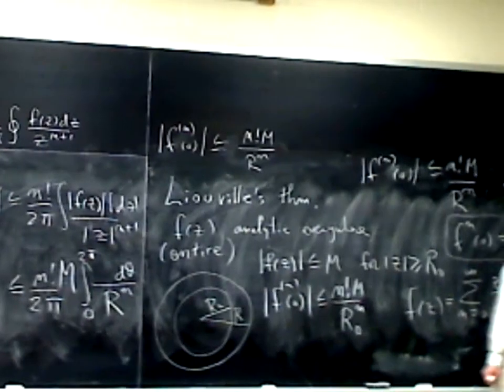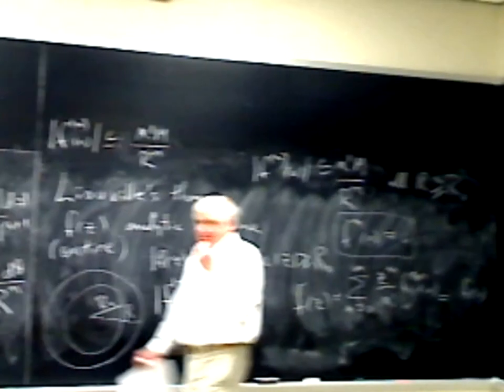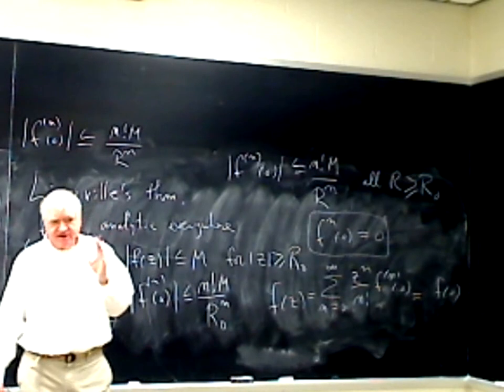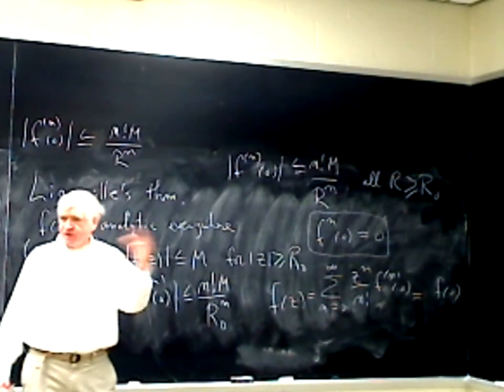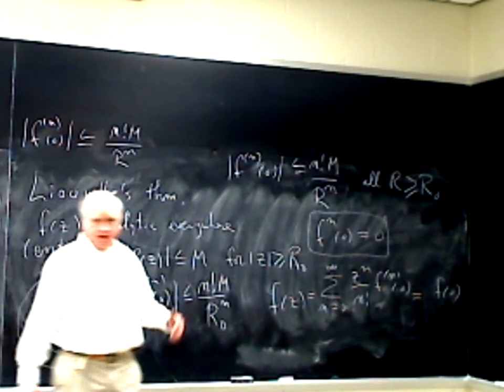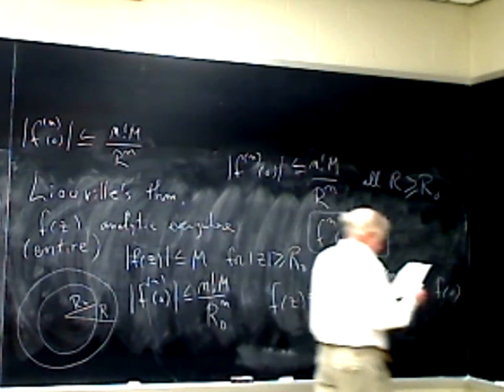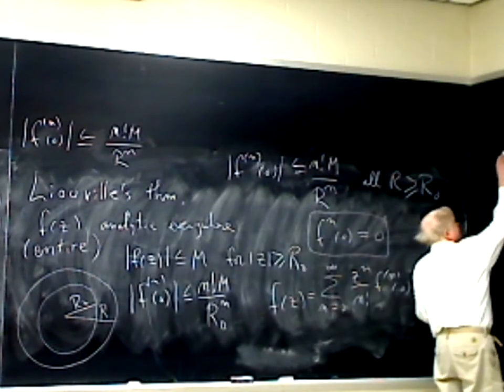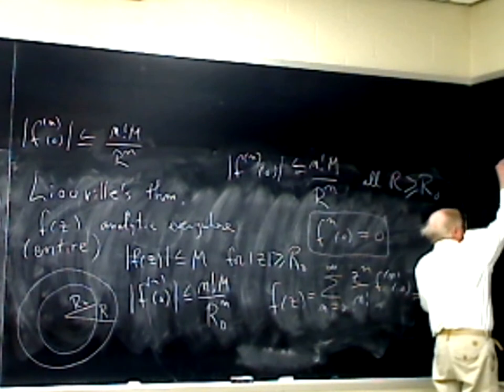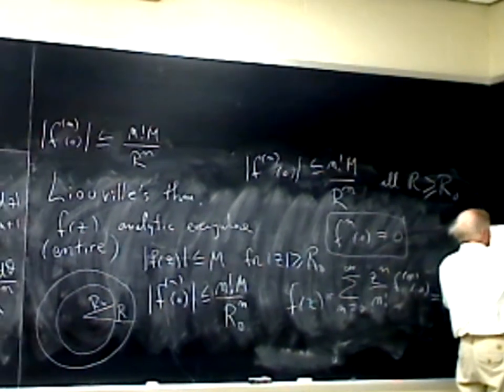Now, Gauss applied Liouville's theorem to prove the fundamental theorem of algebra, which is something that we used back in chapter 1. And in fact, what he did was he said, suppose we have some polynomial of nth degree or order.